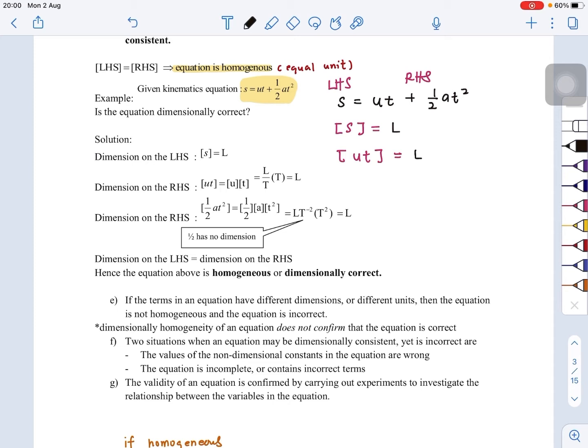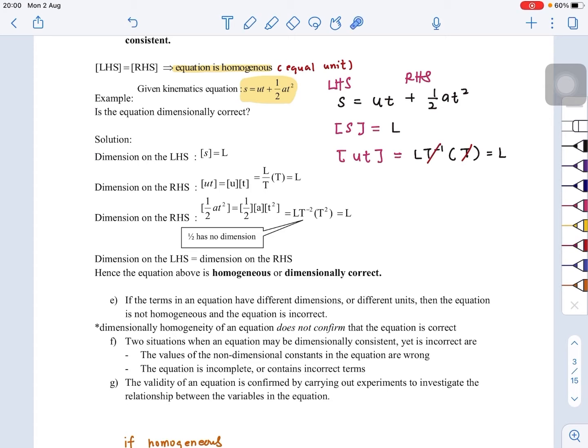So meter length per second adalah T per second, T to the power of -1. And then times with another time, T. So kita akan dapat L. Okay, kita akan dapat L sajalah. So this one akan cancel.